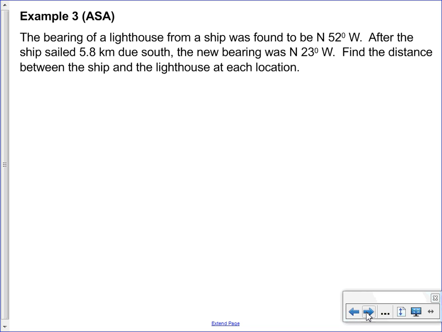Once upon a time, the bearing of a lighthouse from a ship is north 52 degrees west. So the ship is out here. North 52 degrees to the west. This is your lighthouse, right here.